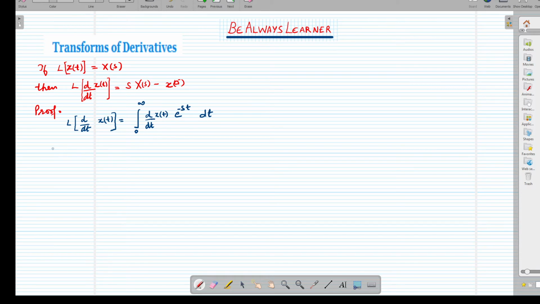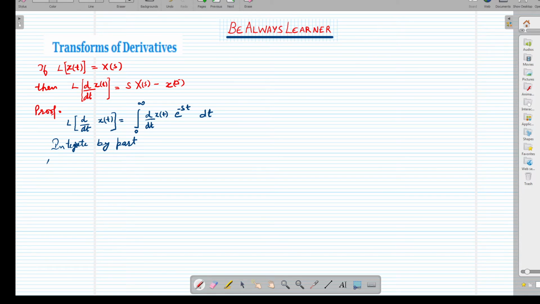Now, this integration can be done by parts, so we integrate it by parts.